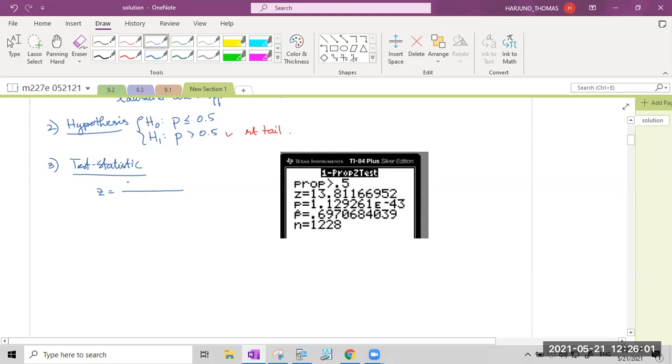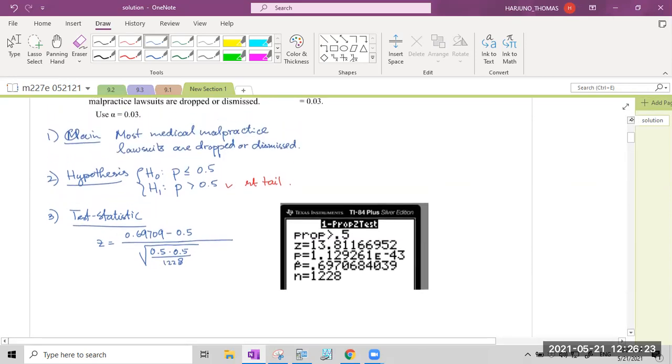So what is my P hat? 0.69709 minus 0.5 over square root of 0.5, that's the P, times Q over sample size 1228. Let me write my P hat here also.